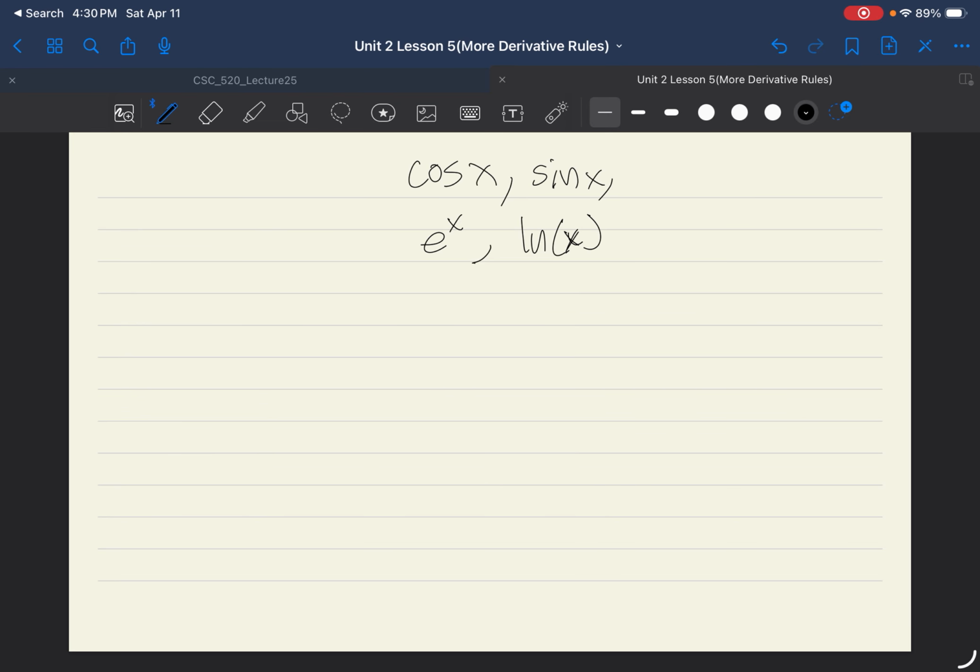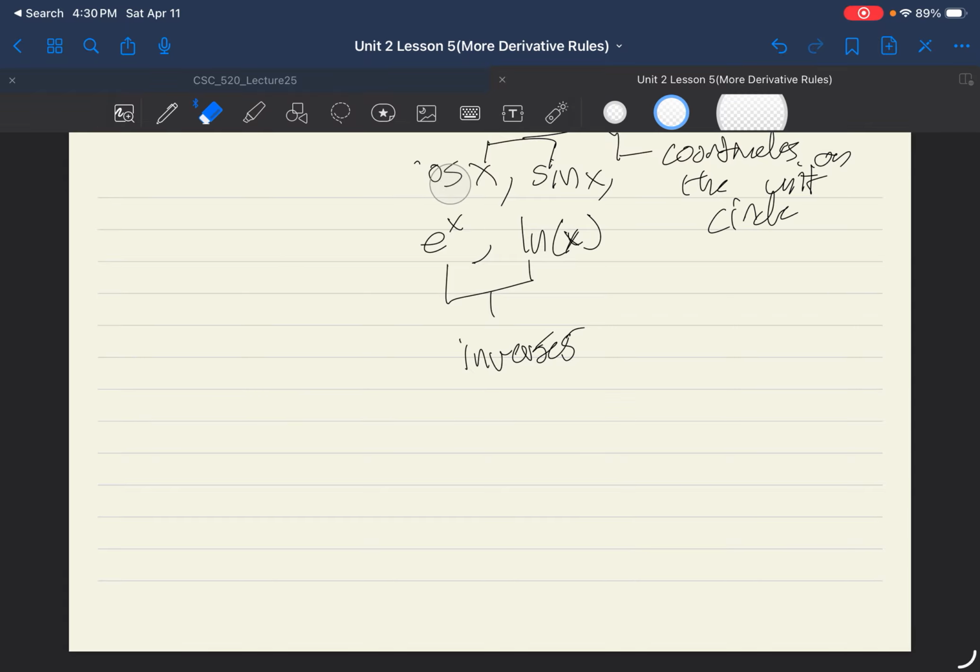And remember that e to the x and ln of x are going to be inverses. Cosine and sine are not inverses, but they're definitely a pair. They are the coordinates on the unit circle, and they obviously just go together with a lot of different things.